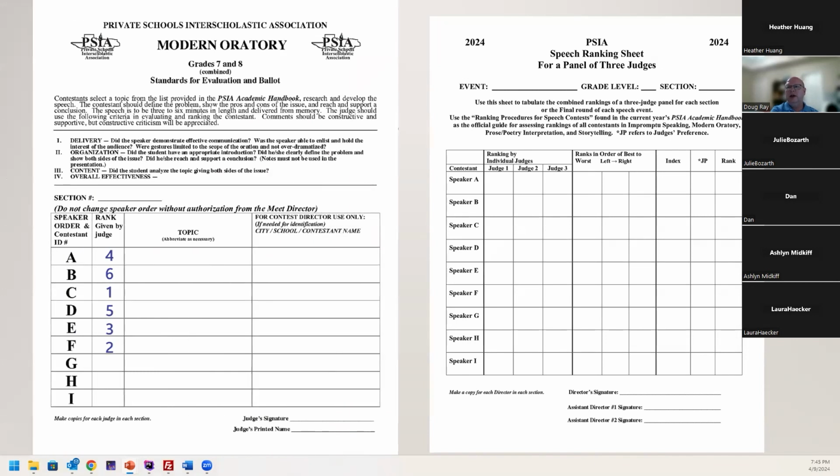So you would get the judge's ballot from the judge. And this judge has given the speakers A through F 4, 6, 1, 5, 3, 2. So you'd write that on your ranking sheet. Then you would go to the next judge. That judge gives us a 2, 5, 1, 3, 4, 6.